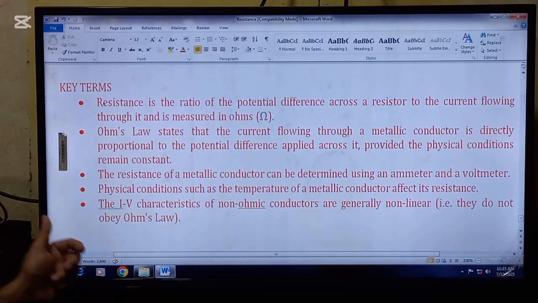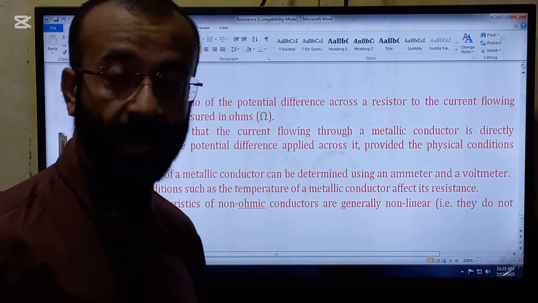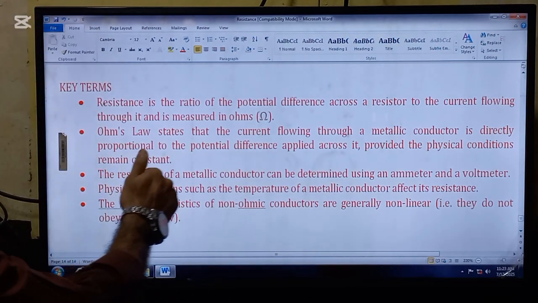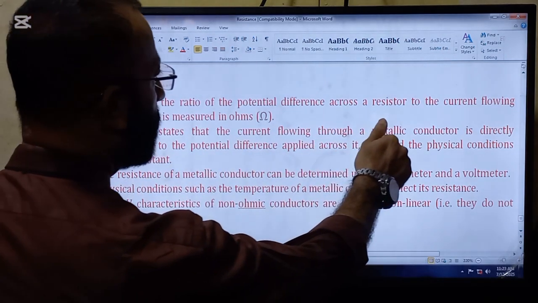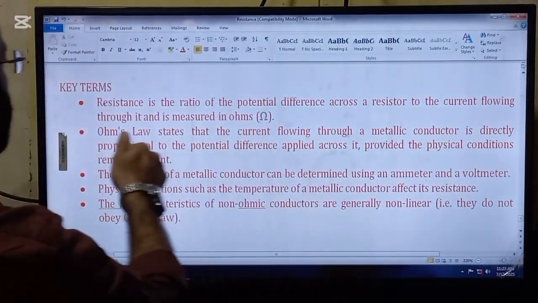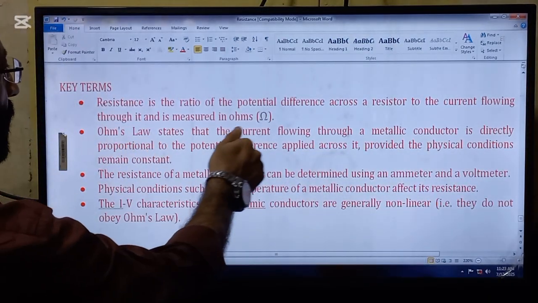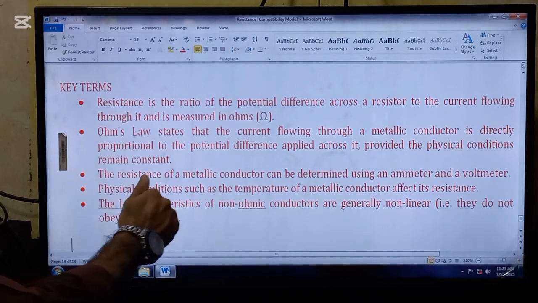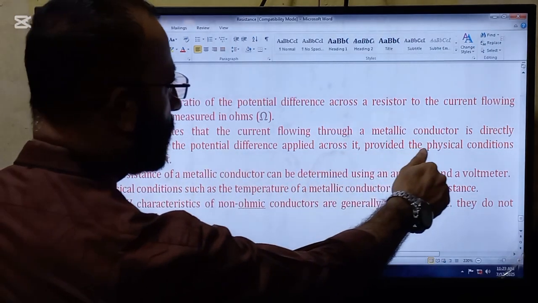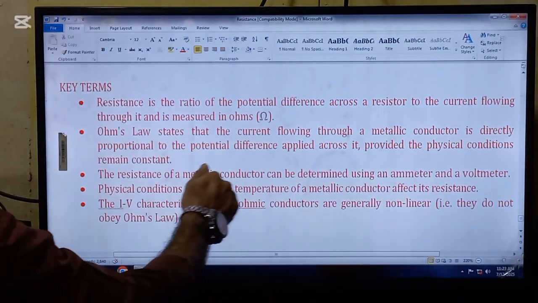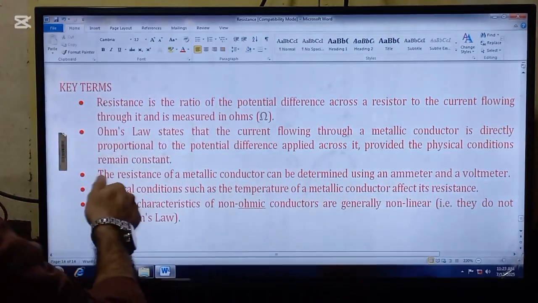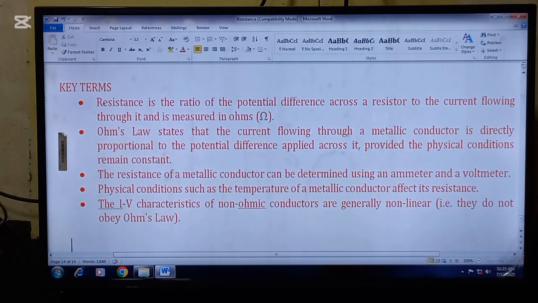Here are some key terms which you have to know, understand and learn. Resistance is the ratio of the potential difference across a resistor to the current flowing through it and is measured in ohms. Ohm's law states that the current flowing through a metallic conductor is directly proportional to the potential difference applied across it, provided the physical conditions remain constant.